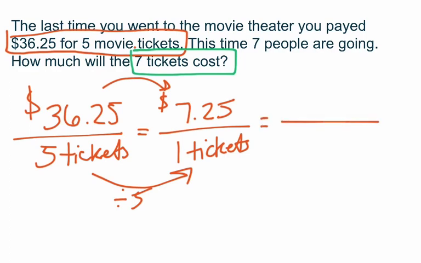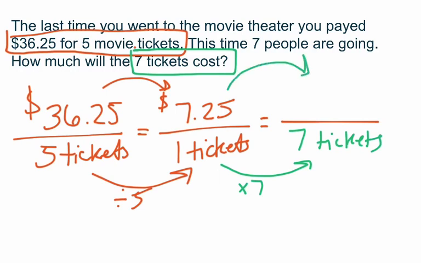Now, the last step, all we have to do is take this one movie ticket and multiply it by 7 to find how much 7 tickets will cost us. So, using my calculator again, $7.25 times 7 is $50.75.